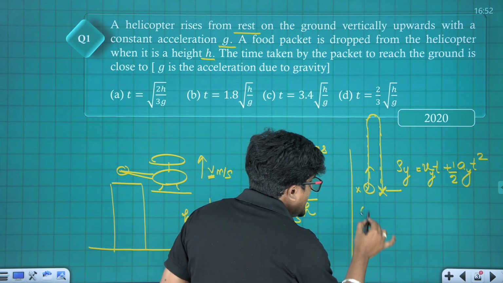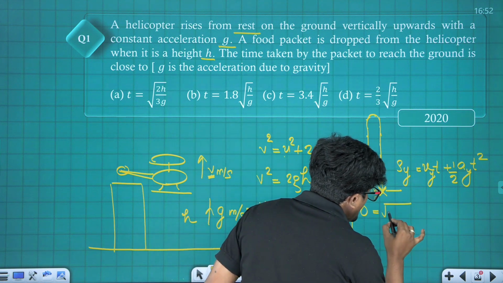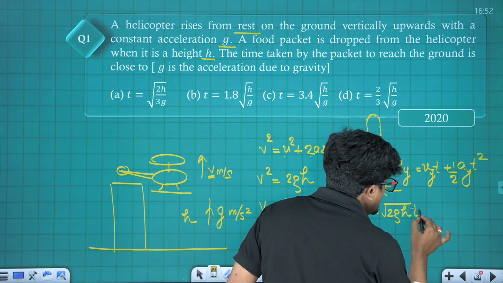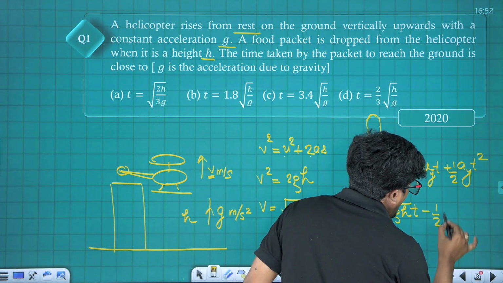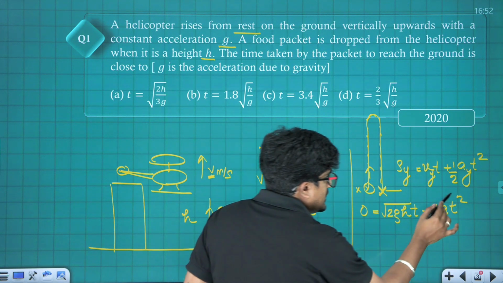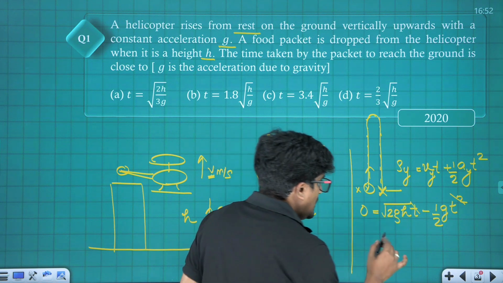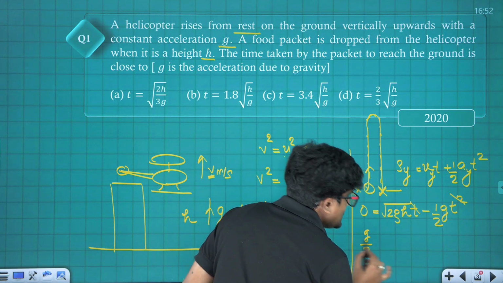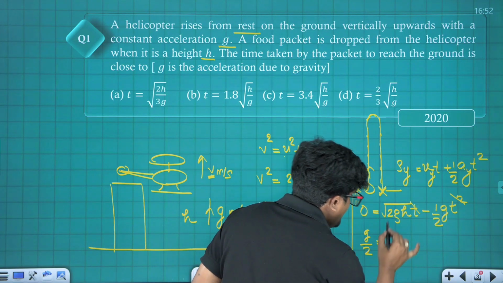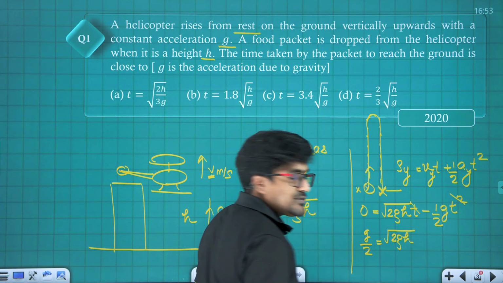For this case, displacement is 0, initial velocity is under root of 2 times g into h, into time taken, which I am taking as t, minus half of g into t square. This one and this one will cancel, and let me take this term towards the left. So g by 2 is going to be under root of 2 times g into h.